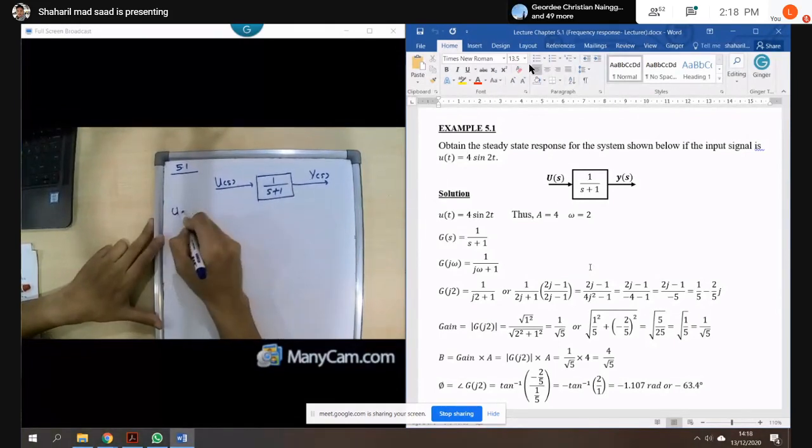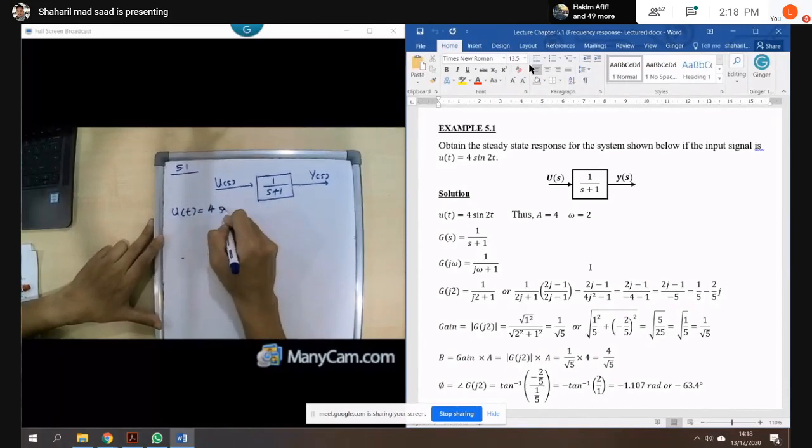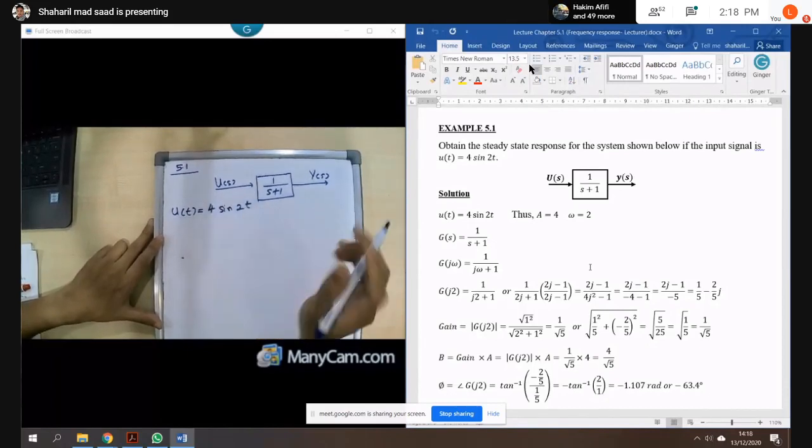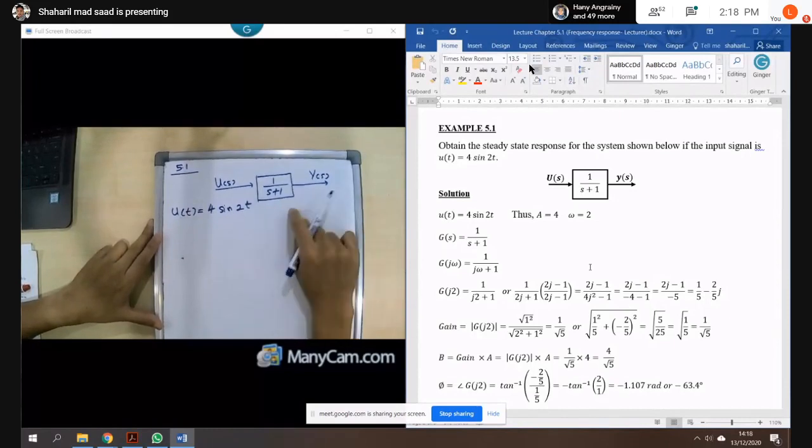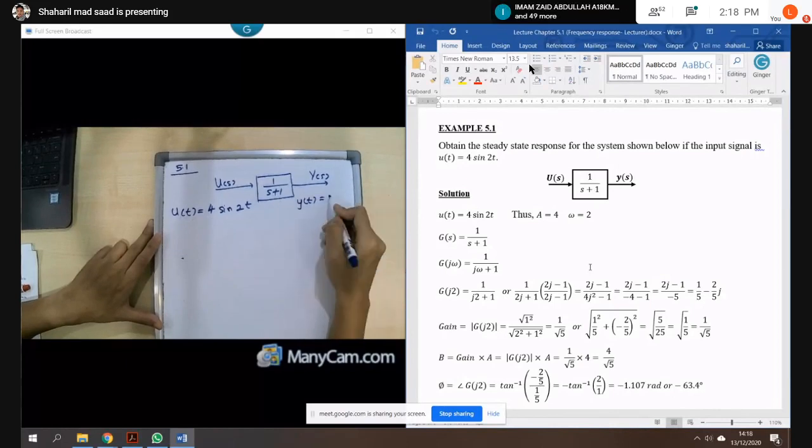Now the time response for the input is u(t) = 4 sin 2t. So what will be the difference at the output?